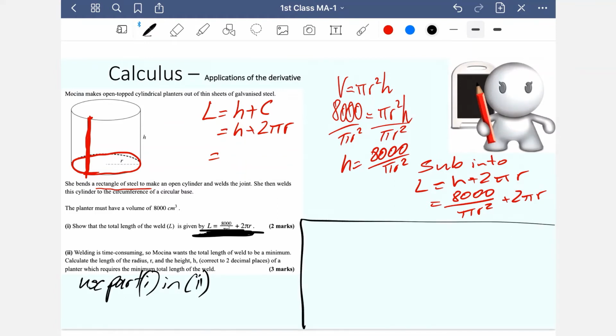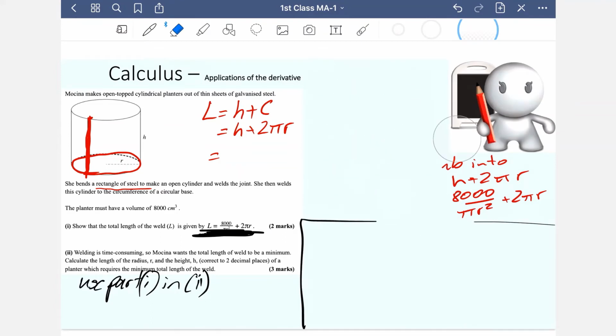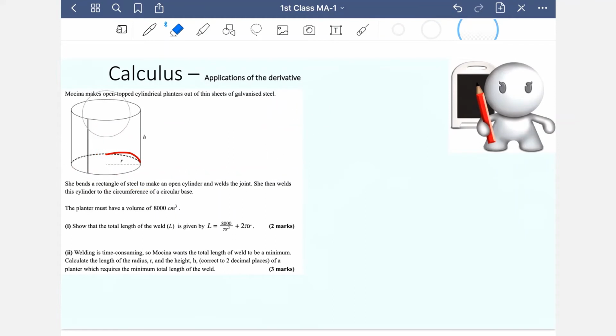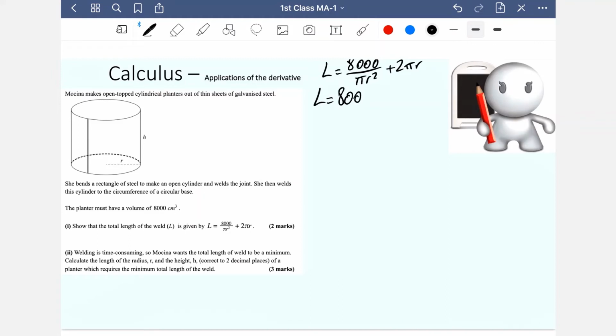And what I might do is I might wipe all of my working out, okay? Because part 2 is actually quite significant in terms of the working out. Alright, so I'm going to start at L equals 8,000 over pi r squared plus 2 pi r. Okay, before I differentiate, so it's 8,000 pi r to the negative 2 plus 2 pi r.